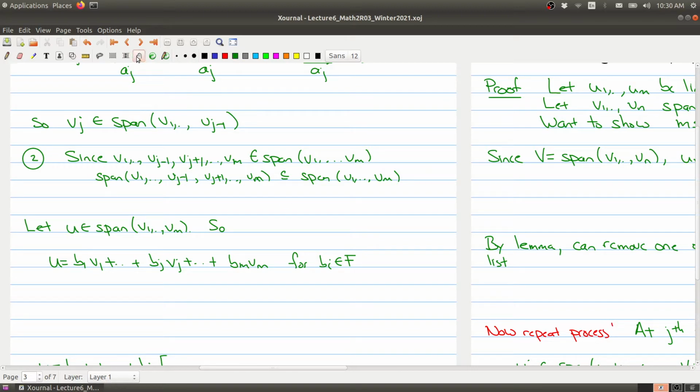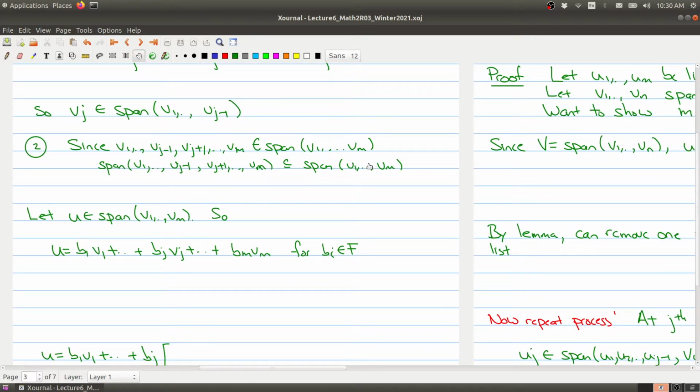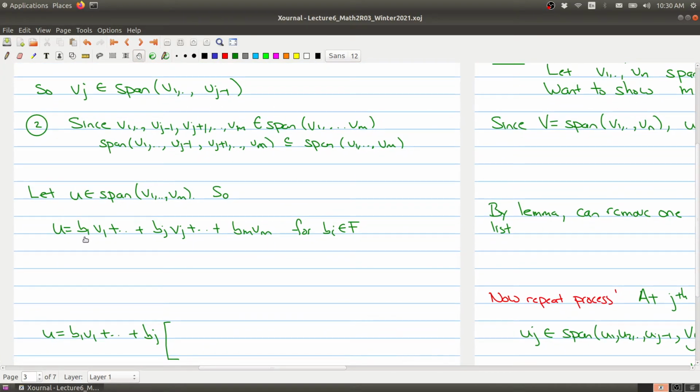Now we want to take an arbitrary vector on this side and show that I can write it as a linear combination of the vectors in this list. So I take a vector u in the span of v1 through vm, and so u can be written as b1 times v1, up to bj times vj, up to bm times vm. We're highlighting something about vj.